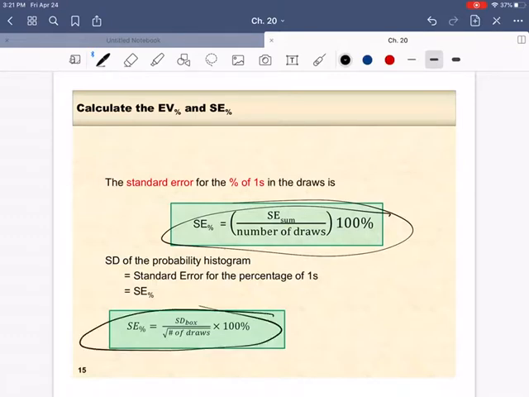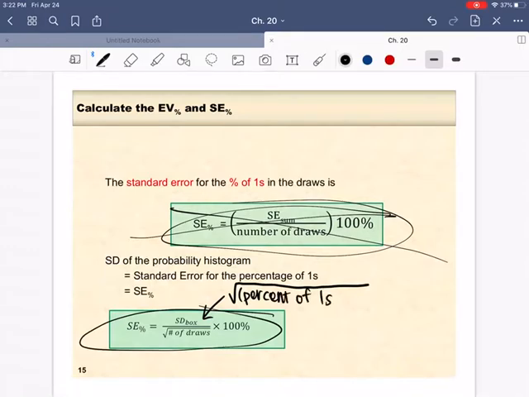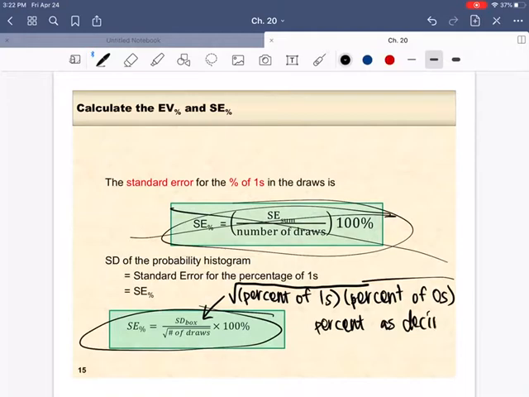So there's some fancy math going on there, and it's going to be that formula. So instead of using this one, this is going to be the simplest formula for us to use. The standard deviation of the box, you can get it again using one of our stats, or you can do the square root of the percent of ones times the percent of zeros, percent as decimal. That's probably still a little bit confusing for you as I write that, so I'll show you what it's meaning here. We'll do some examples so you can understand what that's saying.